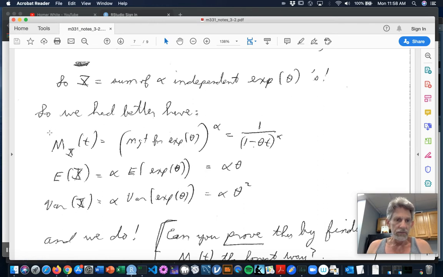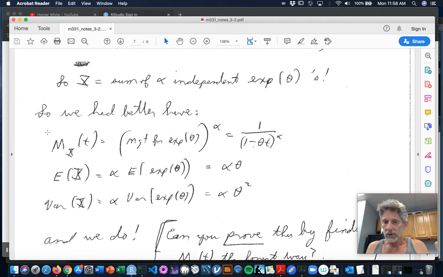Like for negative binomials, the moment generating function for a negative binomial was the moment generating function for a geometric raised to the rth power, where r is the number of successes you're waiting for.